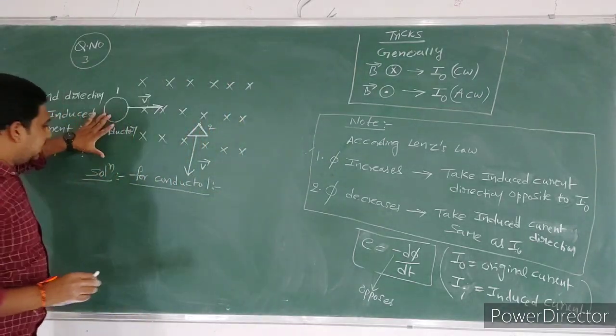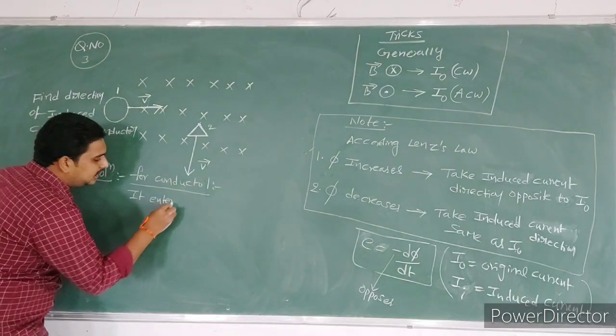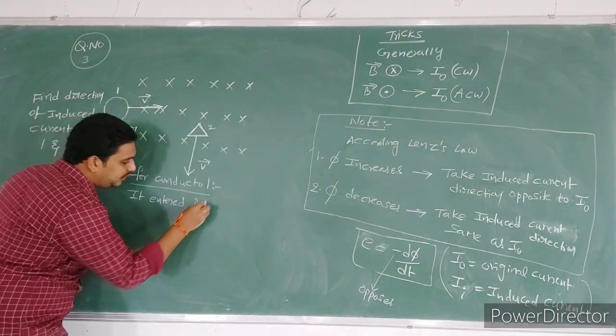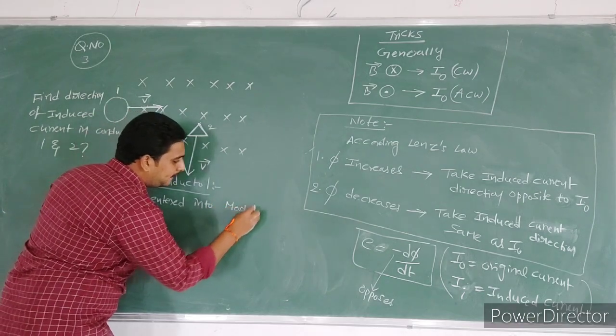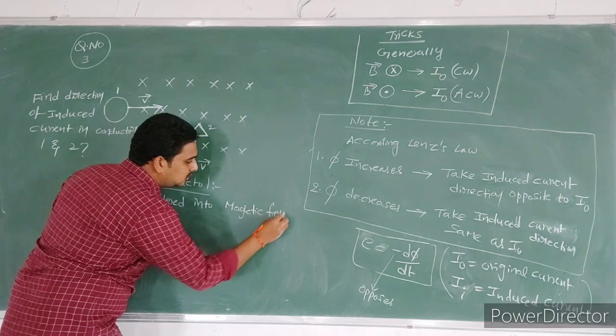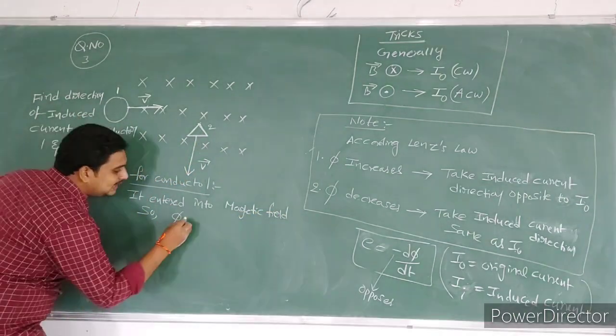So for conductor 1, it enters into the magnetic field, so magnetic flux increases.